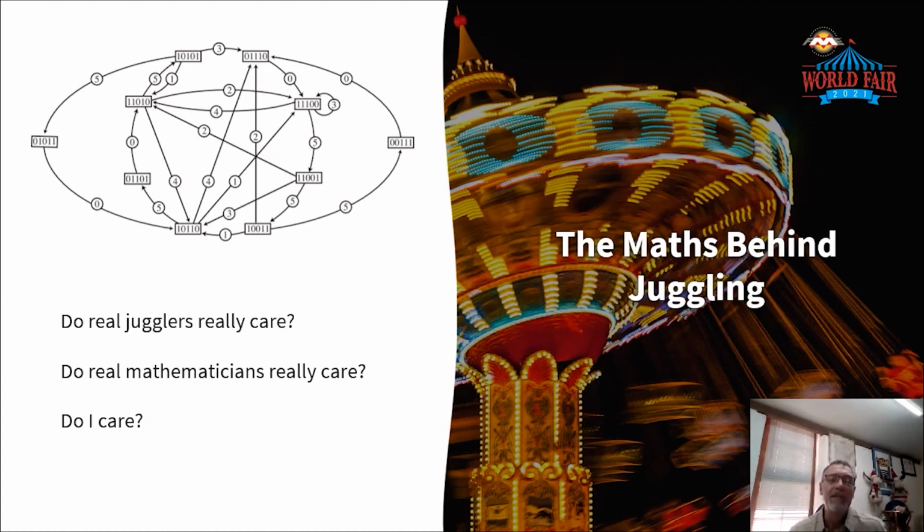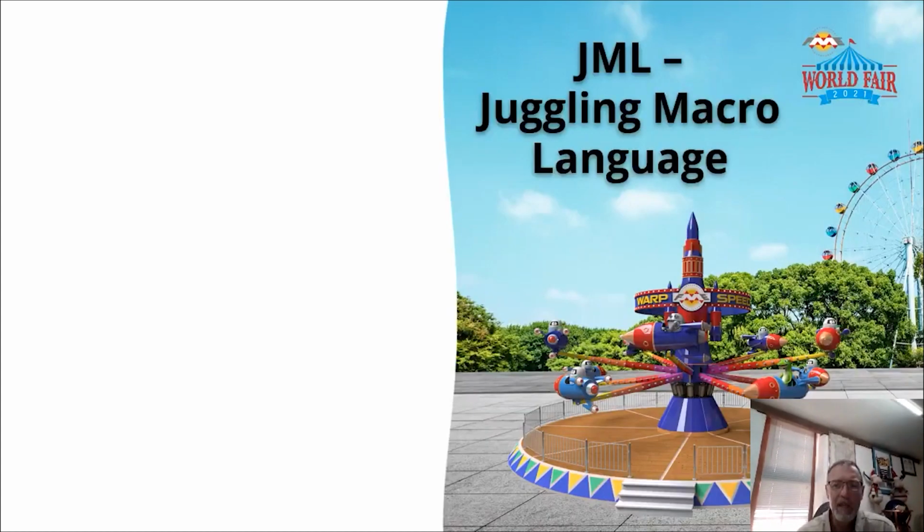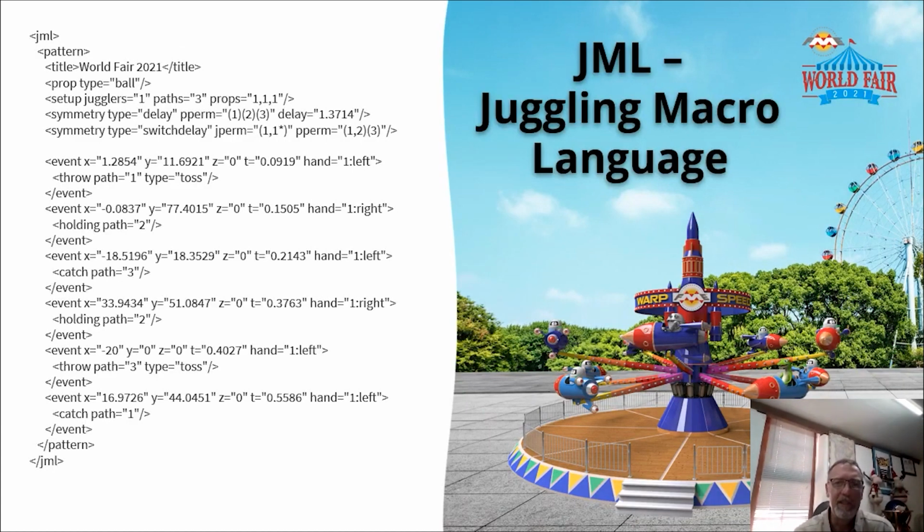And so in that case, I care about how they relate to each other. I care about what we can do with it. And it sort of adds a good synergy for my presentation today, how we juggle physical things and how we juggle data as well. All right, so let's look at JML, and I mentioned that before.